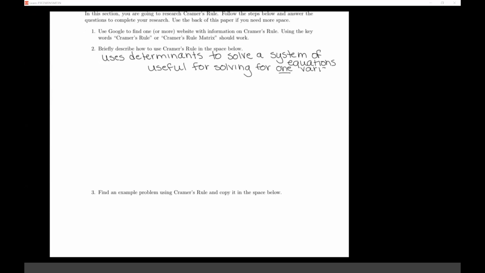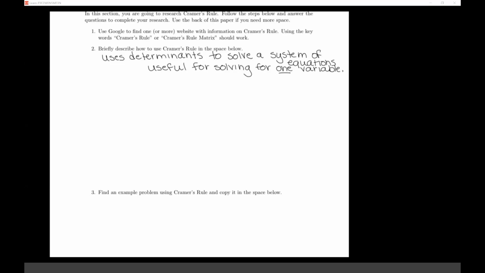So for example, let's say you had a system of equations that represented something in the real world, say a physics problem. You wanted to tweak the equations, but you were only interested in one output variable. You don't want to solve for everything again. Cramer's rule would be the way to go, because you don't have to solve for the whole thing.